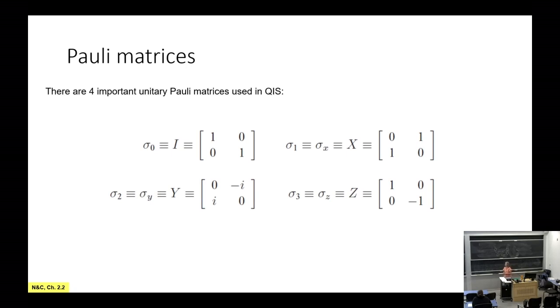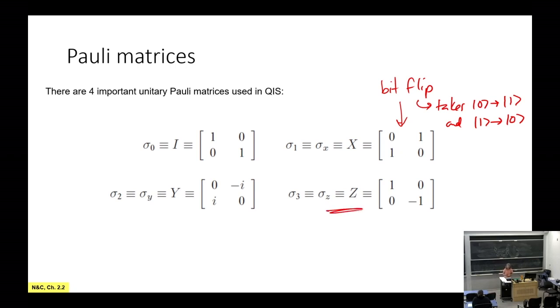And some examples of unitary operators that act on a single qubit that are important when we're talking about quantum computation are the Pauli matrices, which are represented here. These are quantum gates. So we can see the identity matrix that does nothing. We can see the X, Y, and Z matrices. So the X quantum gate is often called a bit flip gate because it takes 0 to 1 and 1 to 0. A question came up about phase.